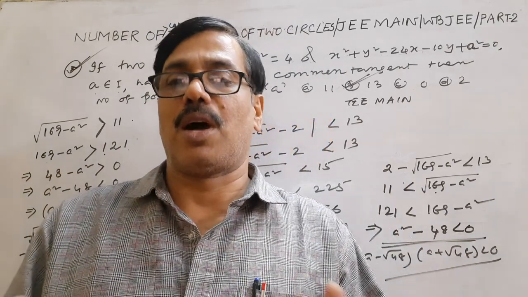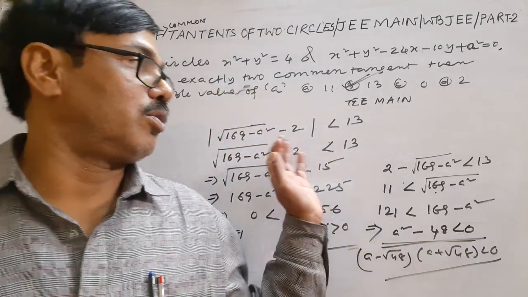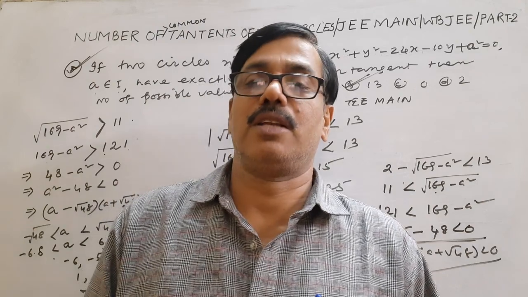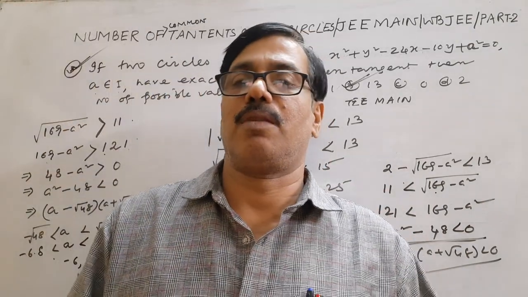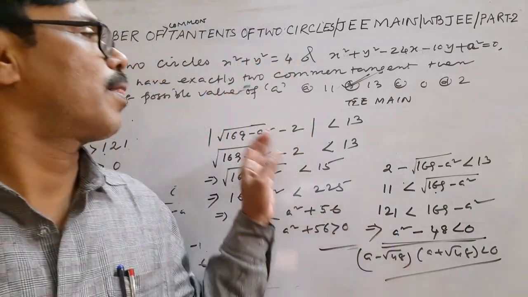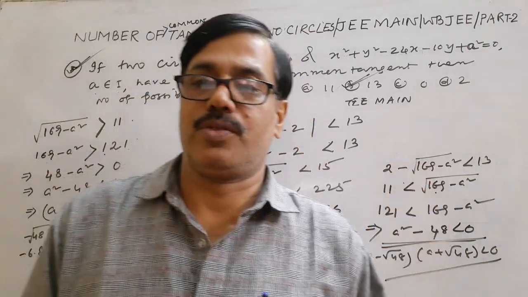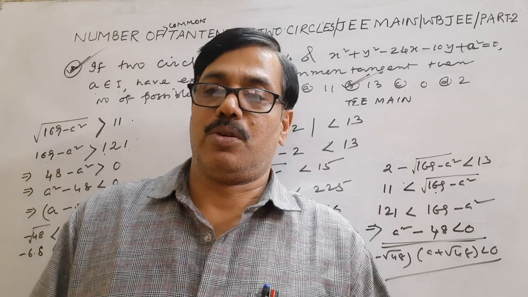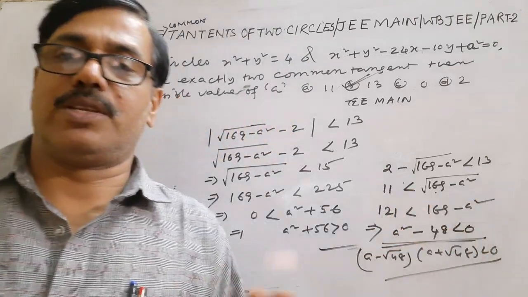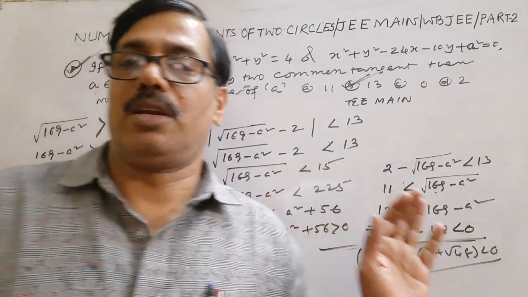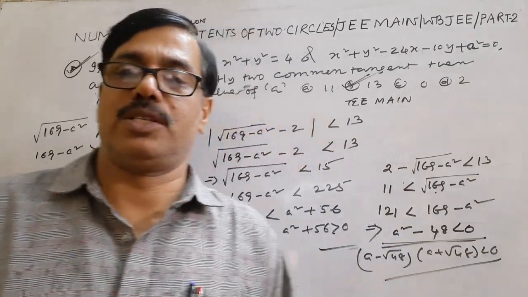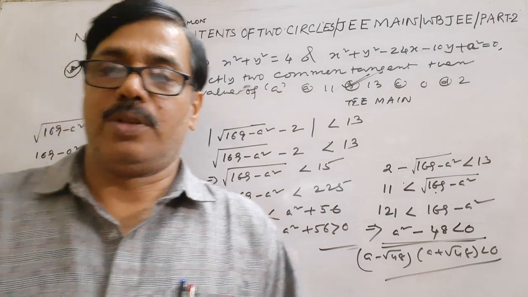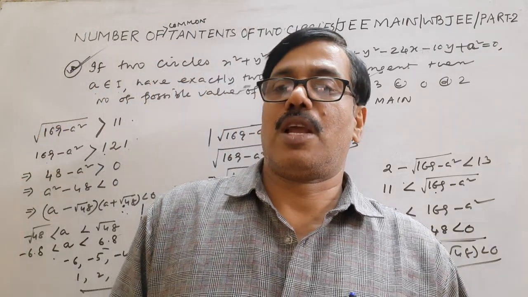There are 5 cases, so 5 conditions, and using these conditions you can find the number of common tangents. This topic is very important for JEE Main and WBJEE. So thank you for today.